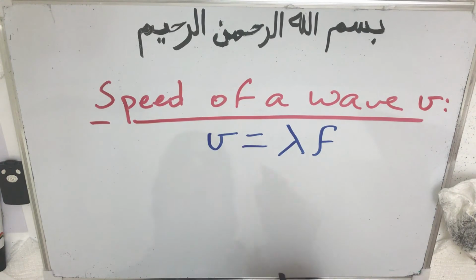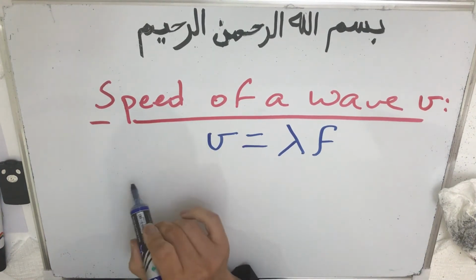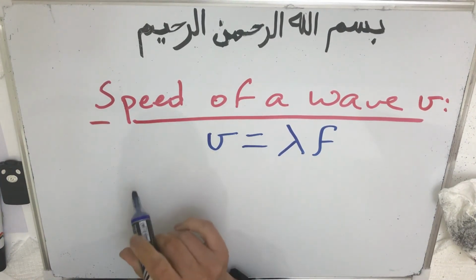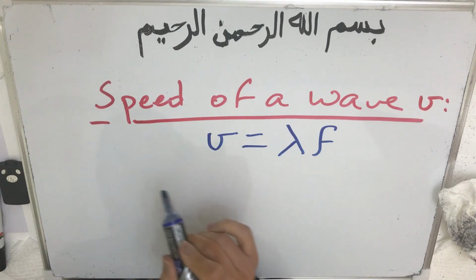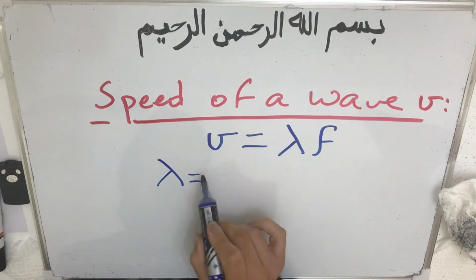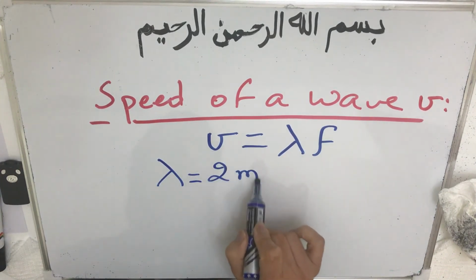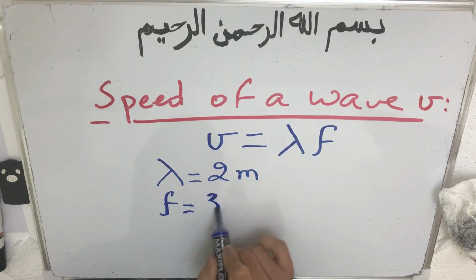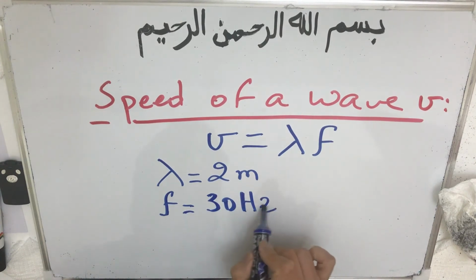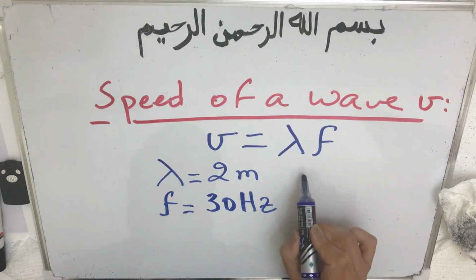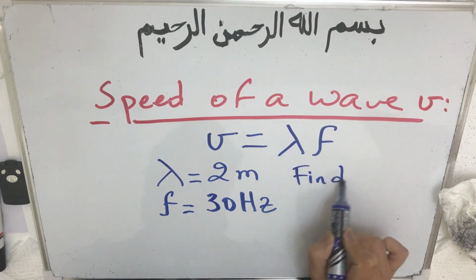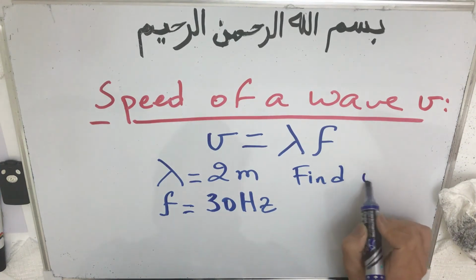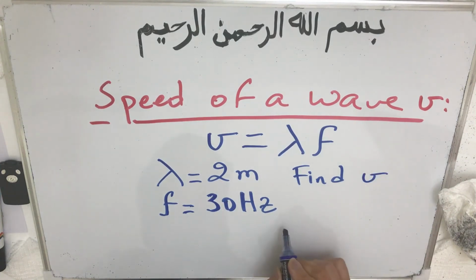In the previous example, we were talking about a lambda, or maybe we could use another lambda. Example: lambda equals 2 meters, and the frequency is 30 hertz. And the question would go, find the speed. What is the speed of this wave? Find V. So super duper easy.